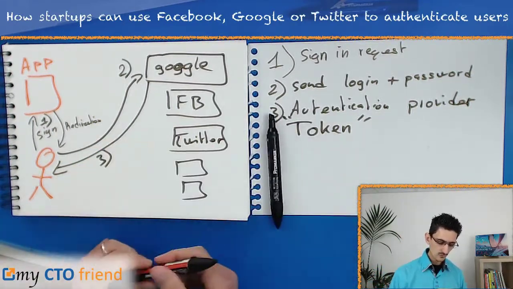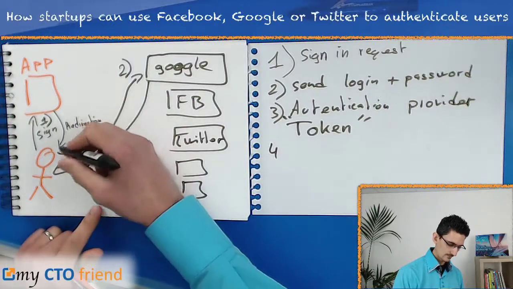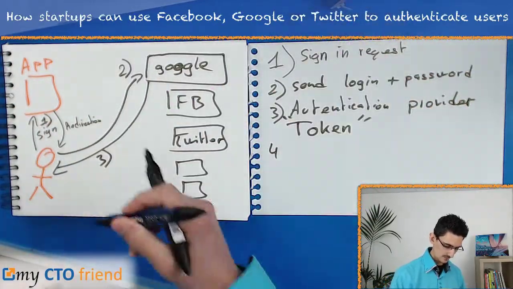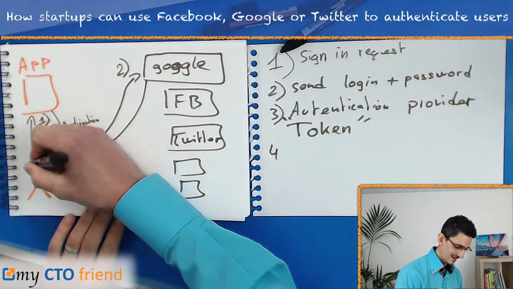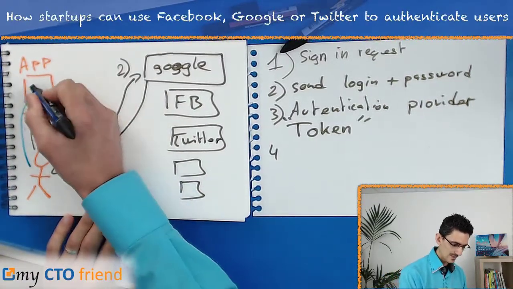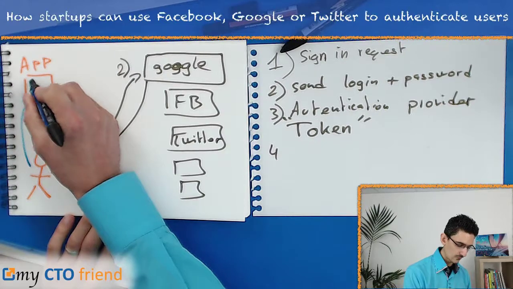Here, I'm going to change the color now. We are signed on, so we are now blue. We send the token.